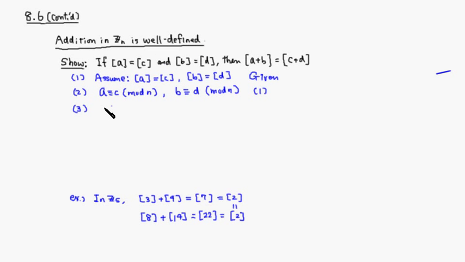Therefore, there must be some integers, I'm going to use K and L, such that A minus C is equal to n times K, and B minus D is equal to n times L.